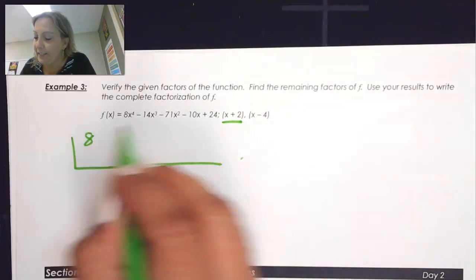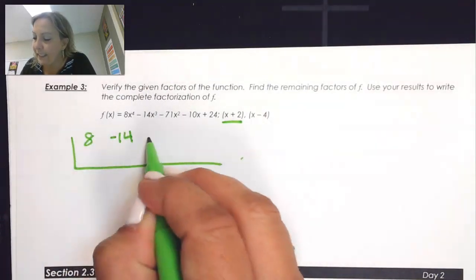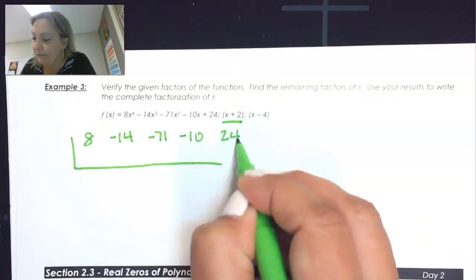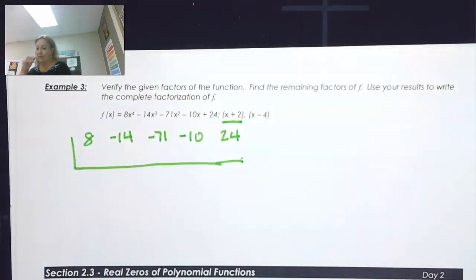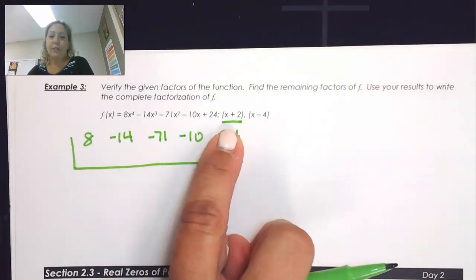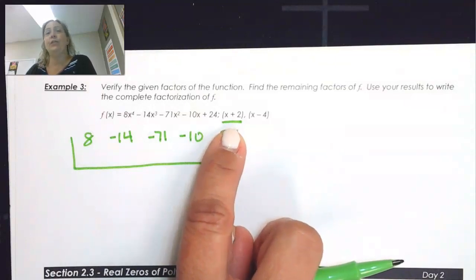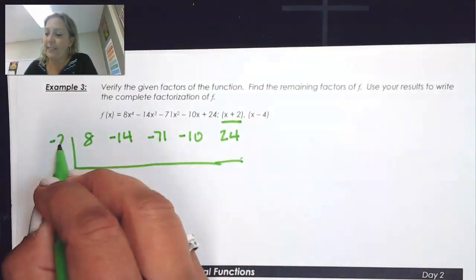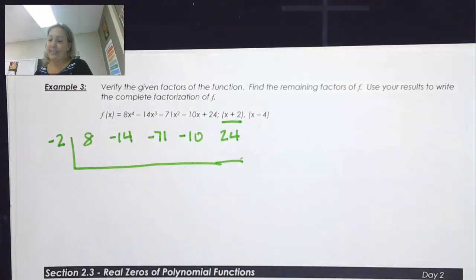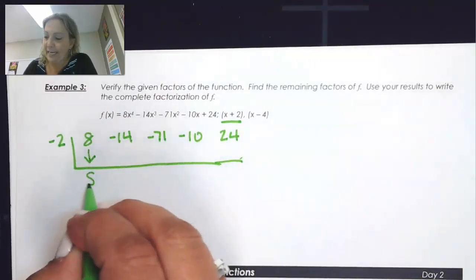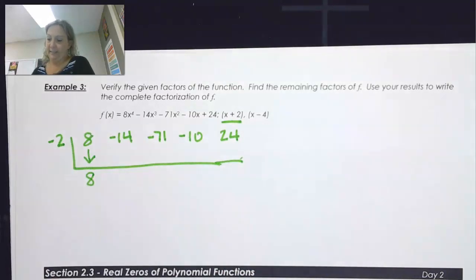So we've got 8, -14, -71, -10, and 24. Okay, so we've got those as our coefficients. Because we're dealing with x plus 2, that is alluding to the zero, x equals -2. So we'll use that here. And we are going to bring down 8.